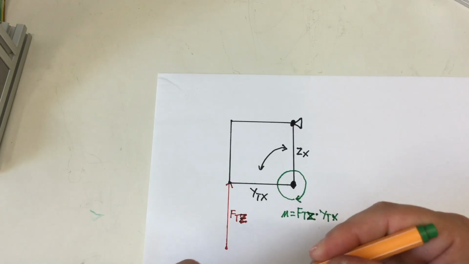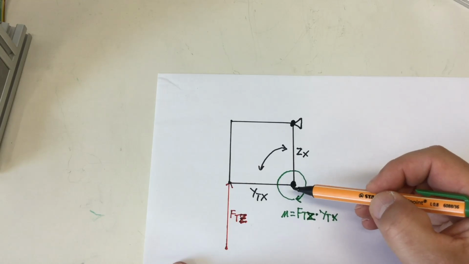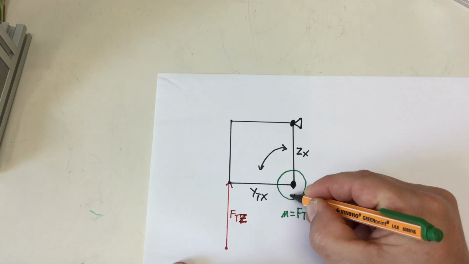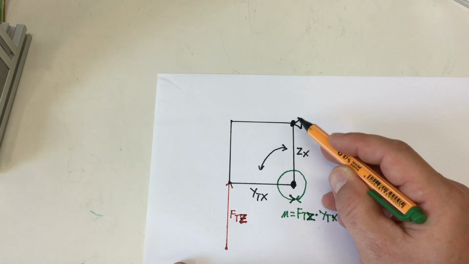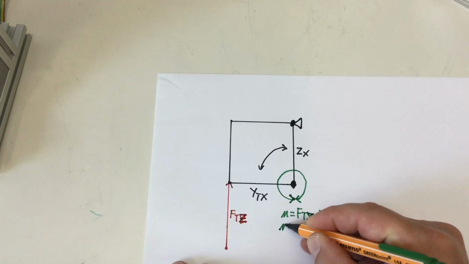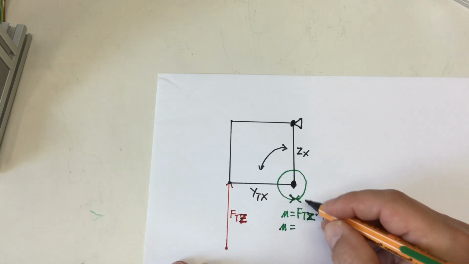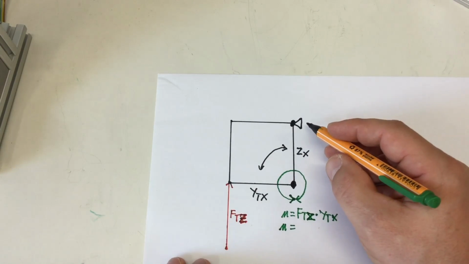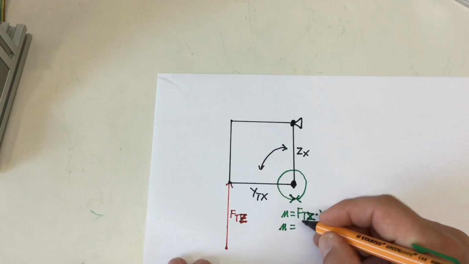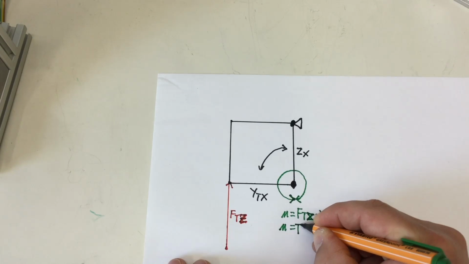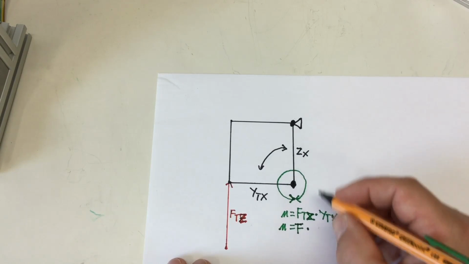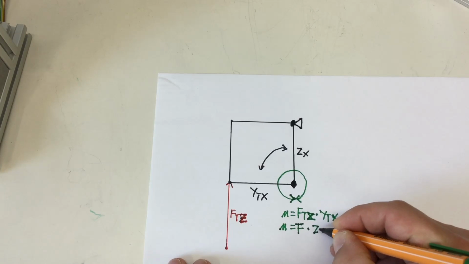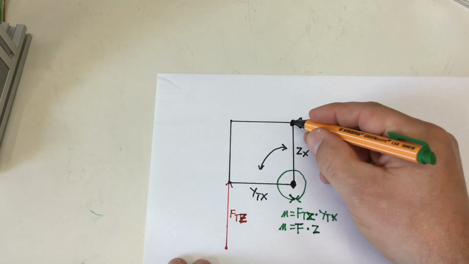The counter momentum in the other direction exerted by our bearing up here must be the same, and it's the force exerted here times Zx, the length of our lever.